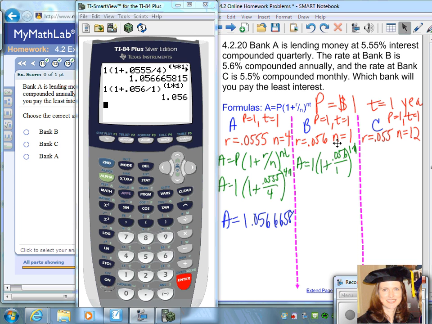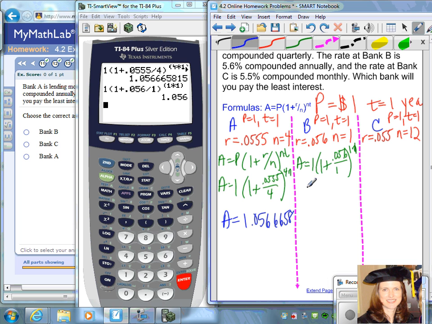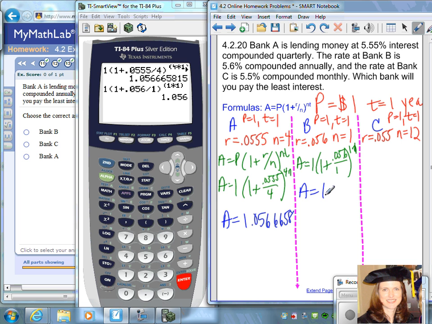So in bank B, that amount is going to be $1.056. So bank A, you're going to owe more. B is so far better.